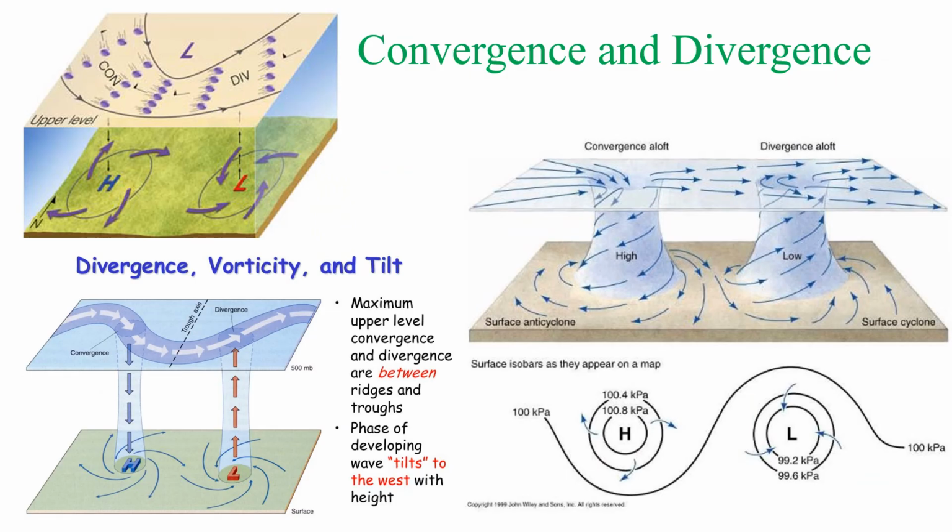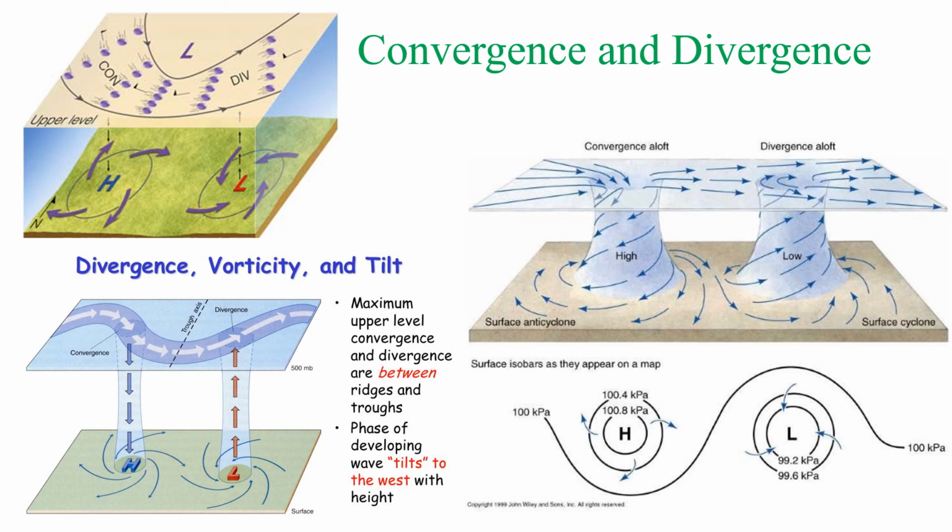Most of the time, over the mid-latitude cyclonic storm, the likely location for upper level converging air is to the left or west side of the upper trough, and the most likely location for diverging air is to the right or east side of the upper trough.